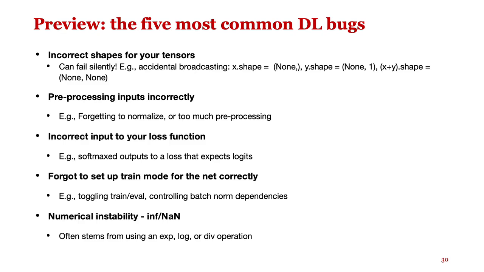Even worse, when you then try to evaluate, because you trained your network in evaluation mode, some of the variables might not have updated, which means that at evaluation time, the performance might be even worse, even though at training time, it was reasonable. So all of these things are very complex, and you need to make sure that you are setting up your network as training mode when you are training, and as eval mode when you're evaluating the network itself, primarily when you're using operations such as batch norm.